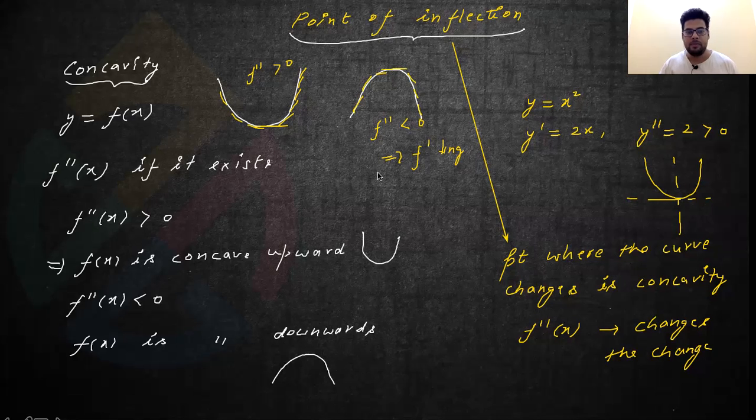So it clearly shows the derivative is decreasing, right? So graphically also we can find out what is the meaning of concavity and how it is related to f dash, and why we have f double dash greater than zero then concave upward, and f double dash less than zero then concave downwards, right? You can remember with the help of an example and also with the basic concept what is the concavity of the function.